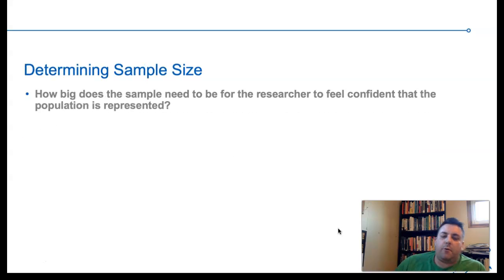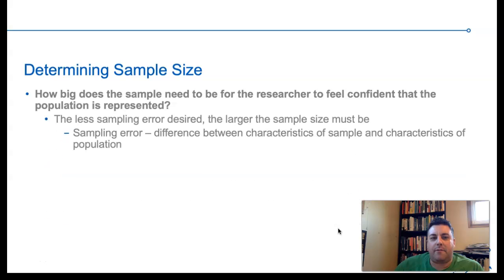The thing to know about sampling is that the larger the sample size, it typically results in less sampling error, and the more confidence we can have in a small sampling error, and in our generalizability.